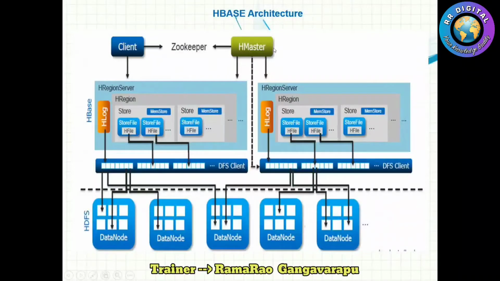Now, what is the use of this HMaster? This HMaster is the master node, right? In HBase architecture, the HMaster stores your HBase tables' metadata, that is, which table's data is available in which region server, which region, or which data node.